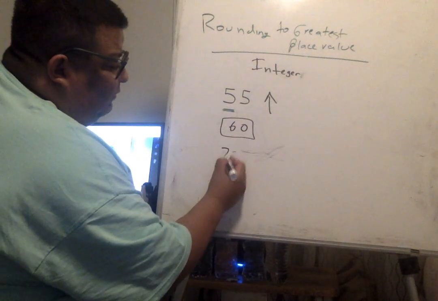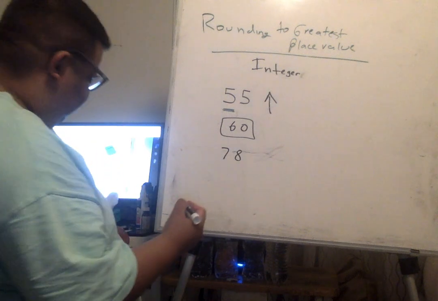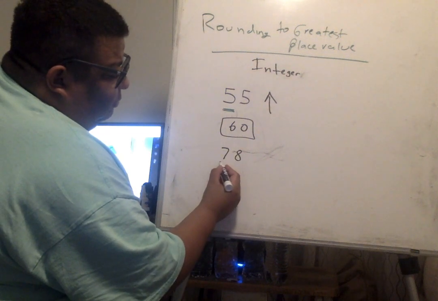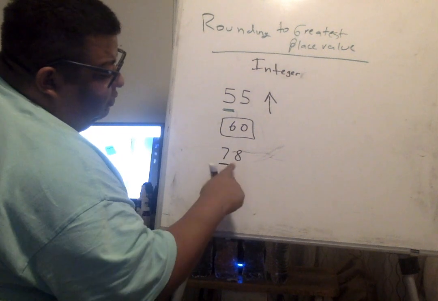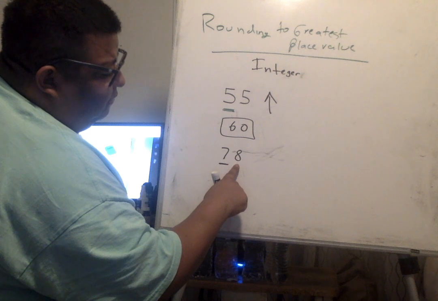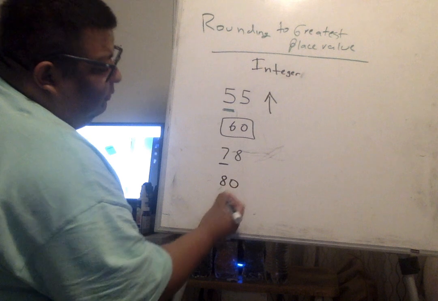Let's say you have 78. The greatest place value is 7. So you look at the next one. Is 8 5 or greater than 5? Yes. So you round up: 80.